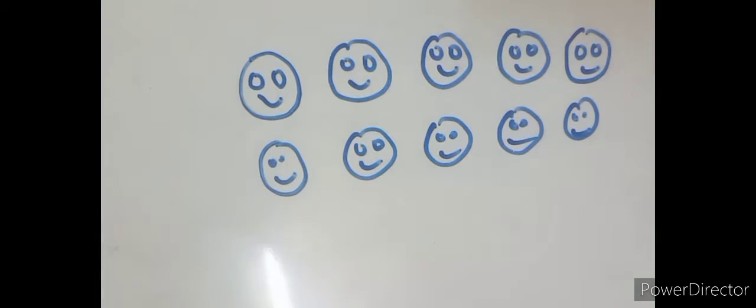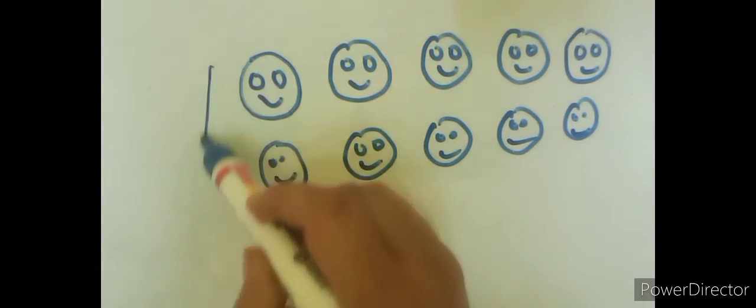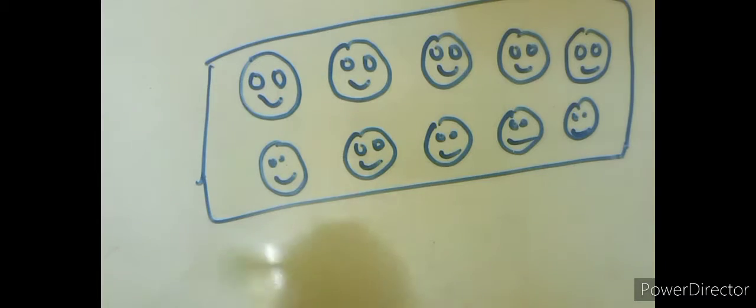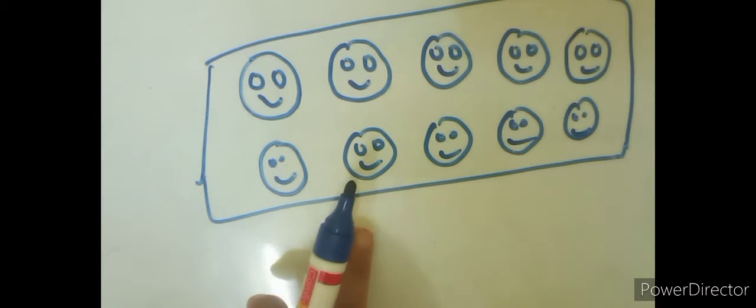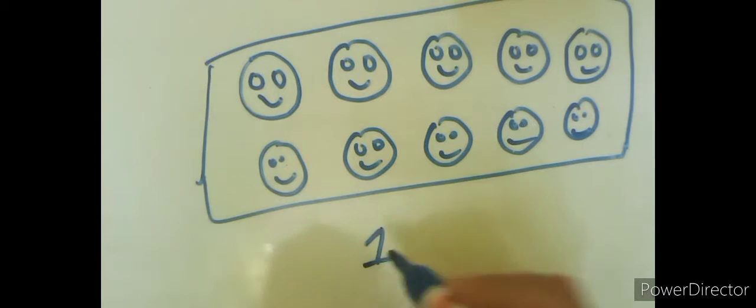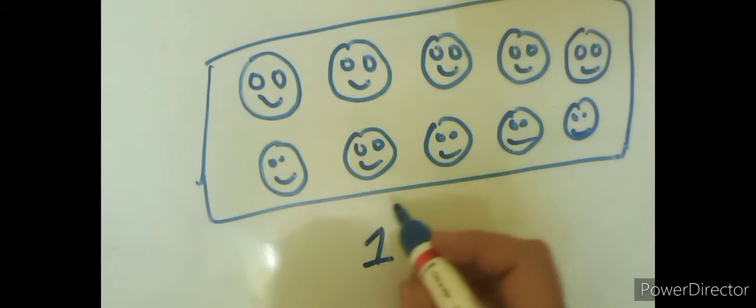Here are 10 smileys and I have made one group of tens. Okay, how many groups have I made? 1. So we call it one ten.